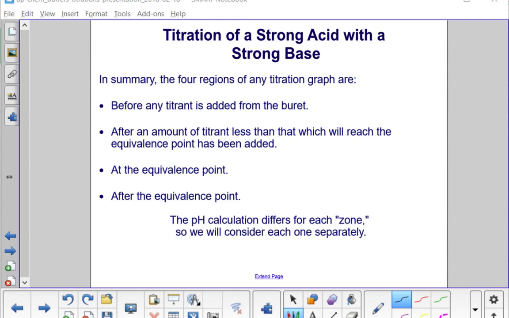Before any titrant is added from the burette, after an amount of titrant less than the equivalence point has been added, at the equivalence point, and after the equivalence point. How you calculate the pH in each zone is different. So for this strong acid, strong base titration, first we're going to consider each pH calculation separately.